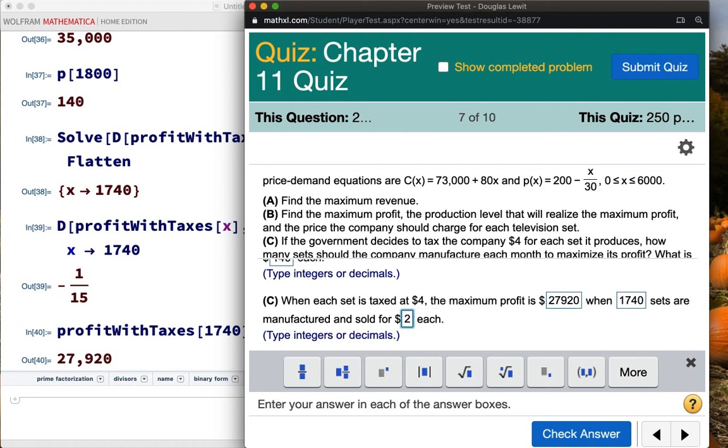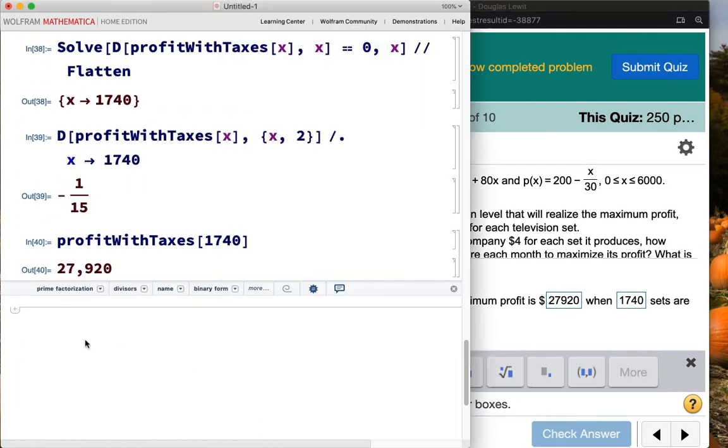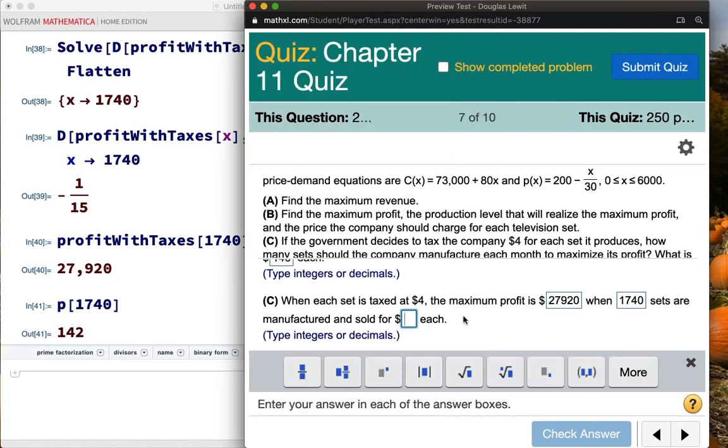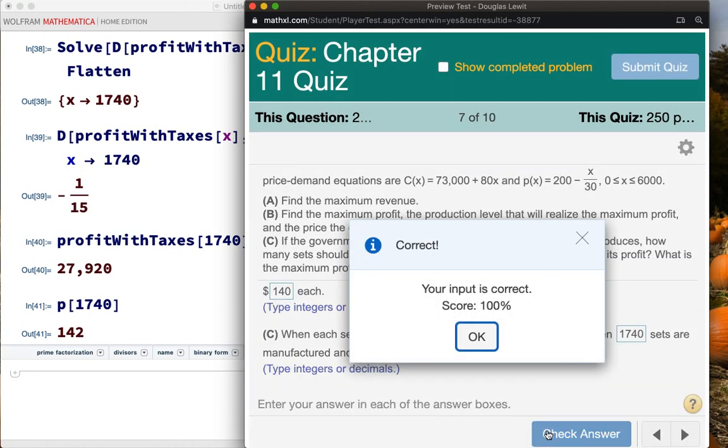And that's going to be P of 1740, $142. Okay, your input is correct, score 100%.